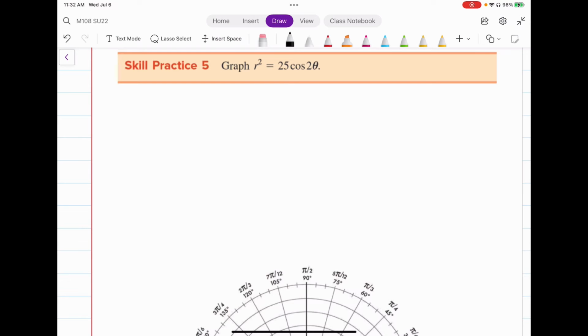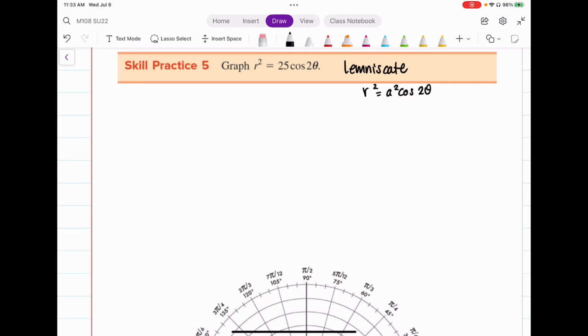Okay, I'm strictly going to use my graphs of common polar equations to determine information about the graph r squared equals 25 cosine 2 theta. Looking at my charts, I've got lines, circles, limaçons, roses, and lemniscates. And this is a lemniscate because it's of the form r squared equals 25 cosine 2 theta.